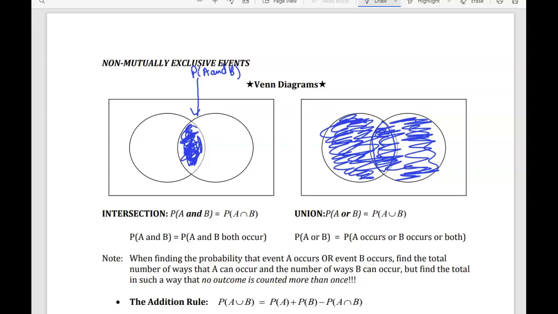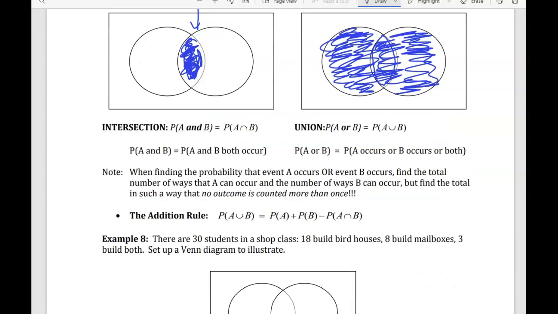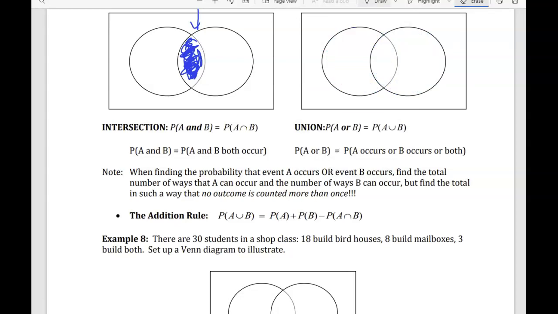And so when things are not mutually exclusive and we want a union, we have to look at the probability of event A happening plus the probability of event B happening minus the probability of their intersection. And the reason why is because some of those people may have been counted here, and then they were counted again here, and so they were actually counted twice.